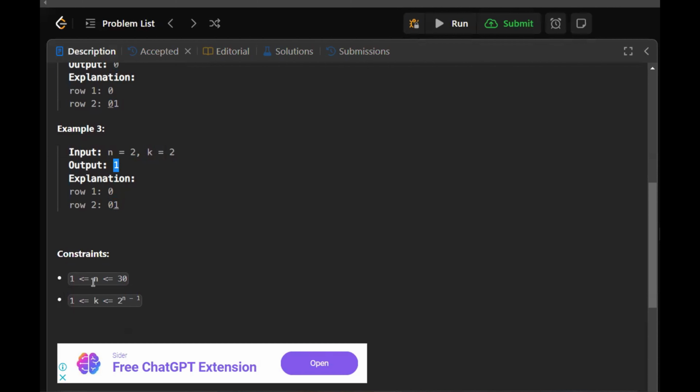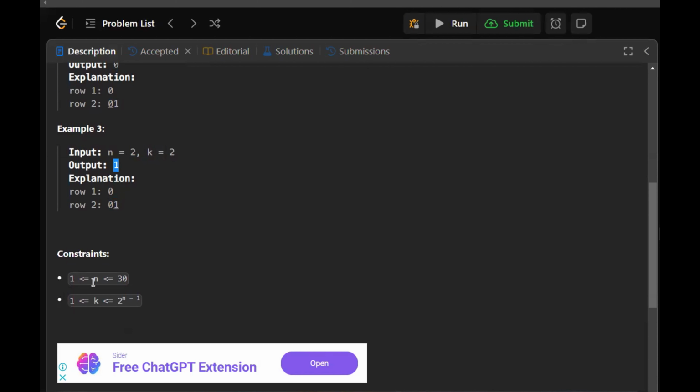Now suppose we have to find the value for n equal to 4 and k equal to 5. We have to find the fifth element of row 4. So the fifth element of row 4 is 1. This is one example.